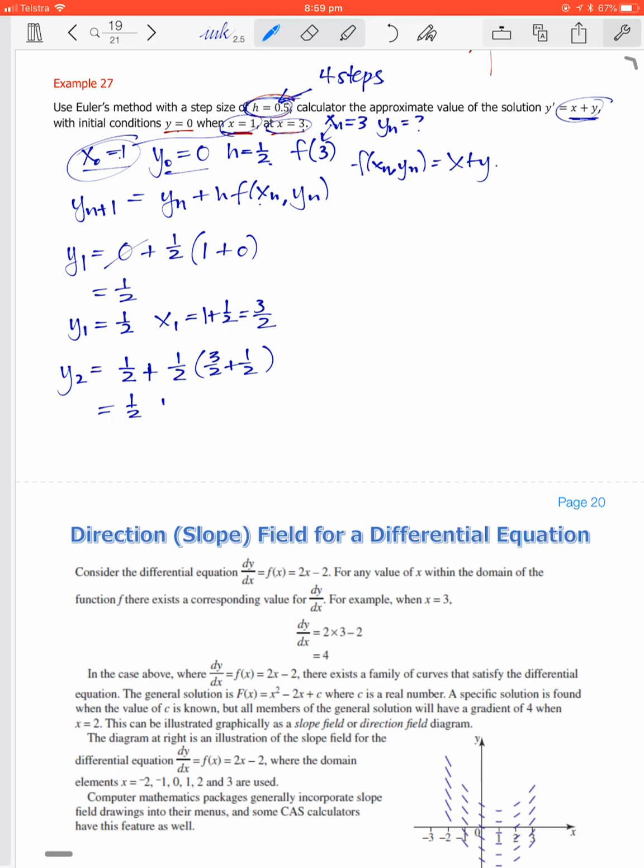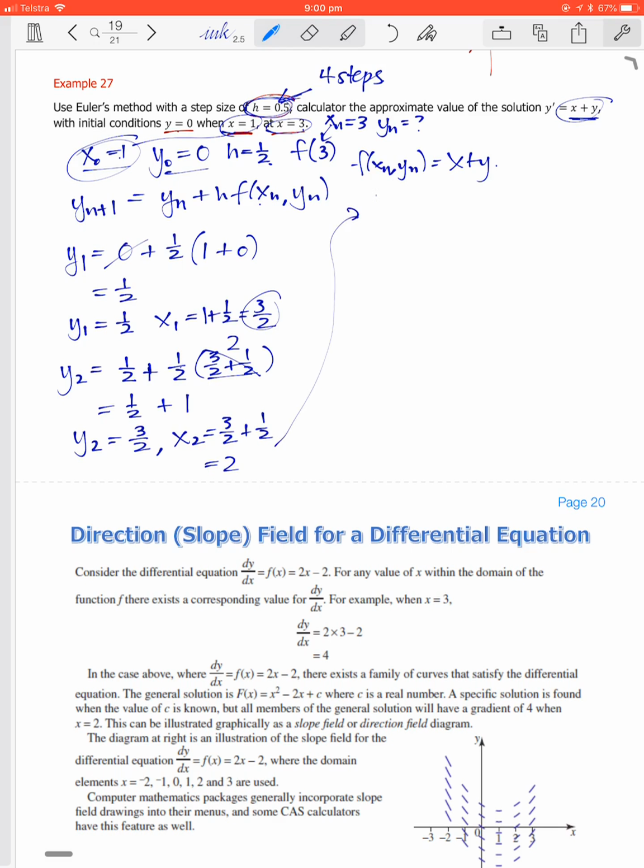So we end up with a half times 3 on 2 plus 1 on 2, which is 2. A half of 2 is 1. So I get y2 is equal to 3 on 2. x2 is equal to my previous x value, which is 3 on 2, plus 1 half, which is 2.